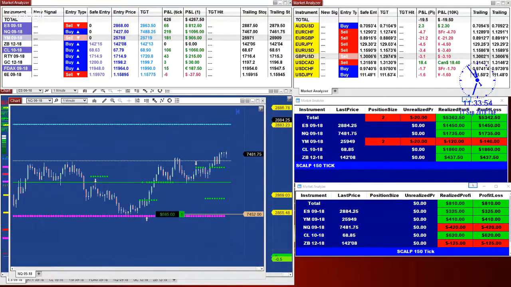It's failing. It's failing, folks. It's going to retest the 78.75. We'll see. It's struggling.